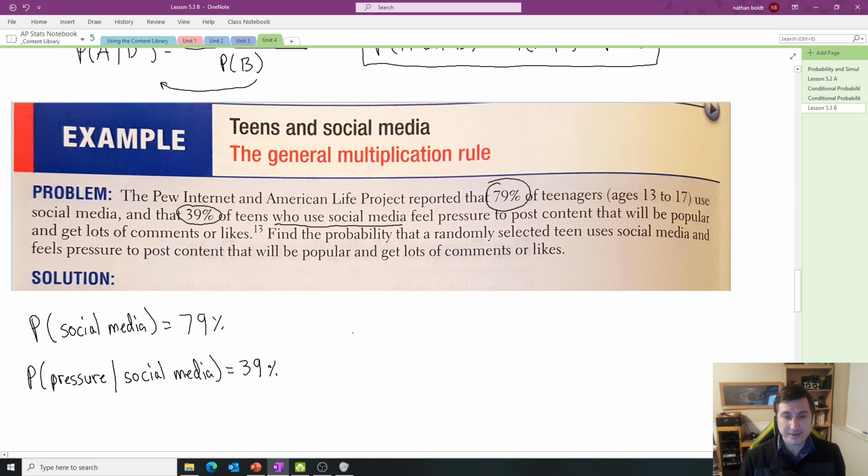So they are asking us for the probability that a randomly selected teen uses social media and feels pressure to get lots of comments.